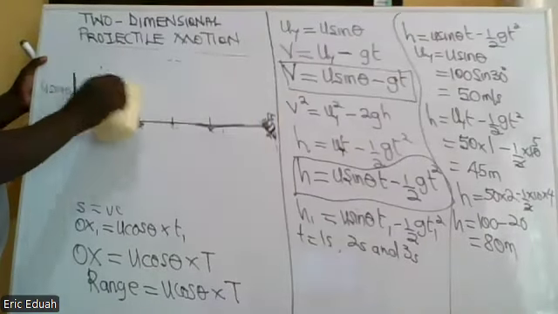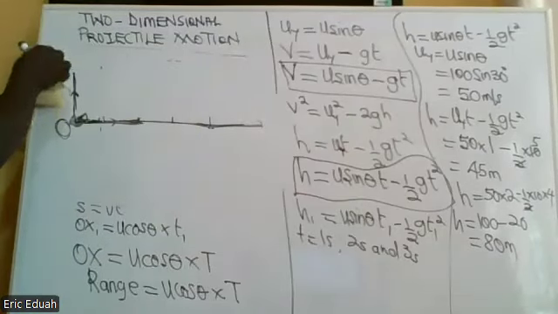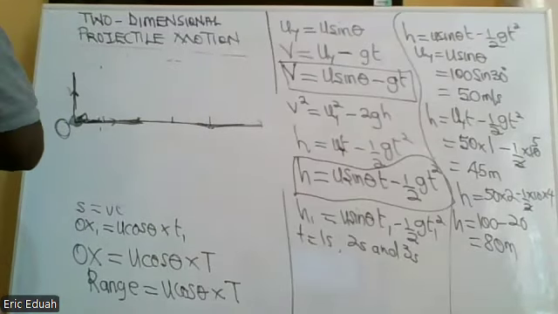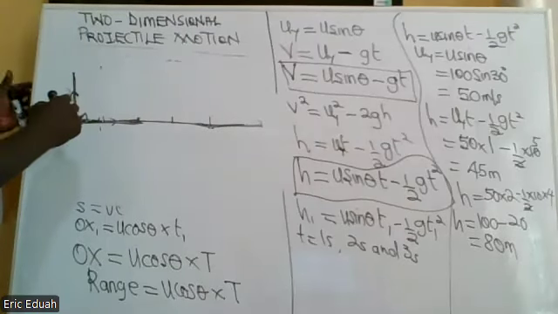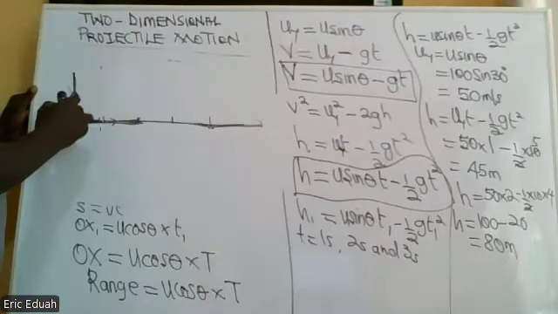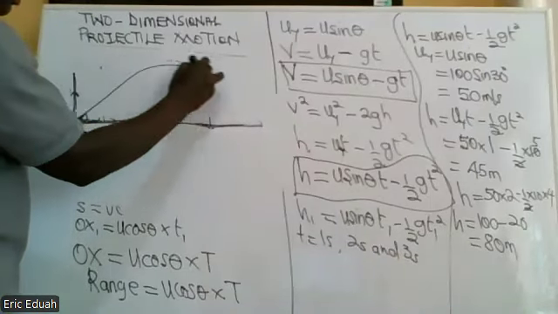Sir, you see the equation that you have circled, h is equal to u sine theta t minus half g t squared. What if you use that one to find the height?